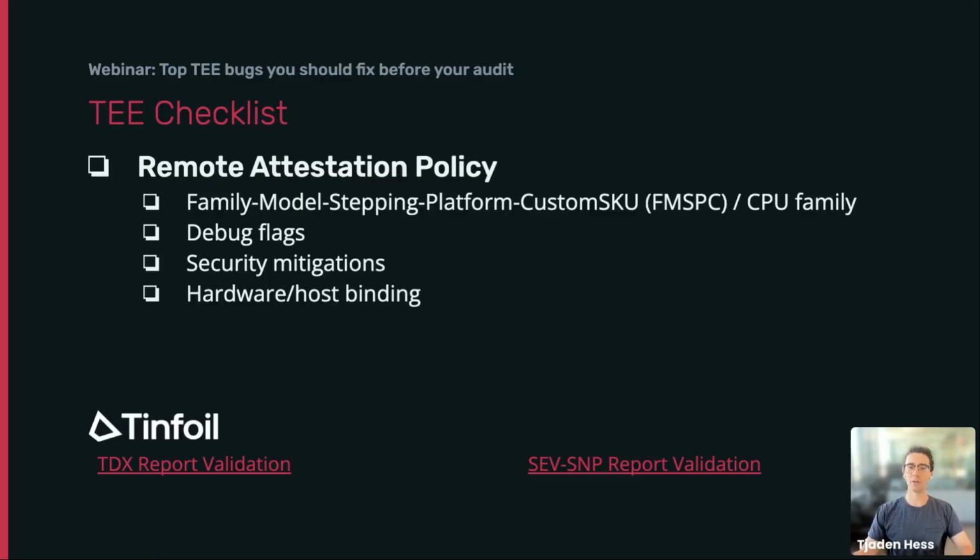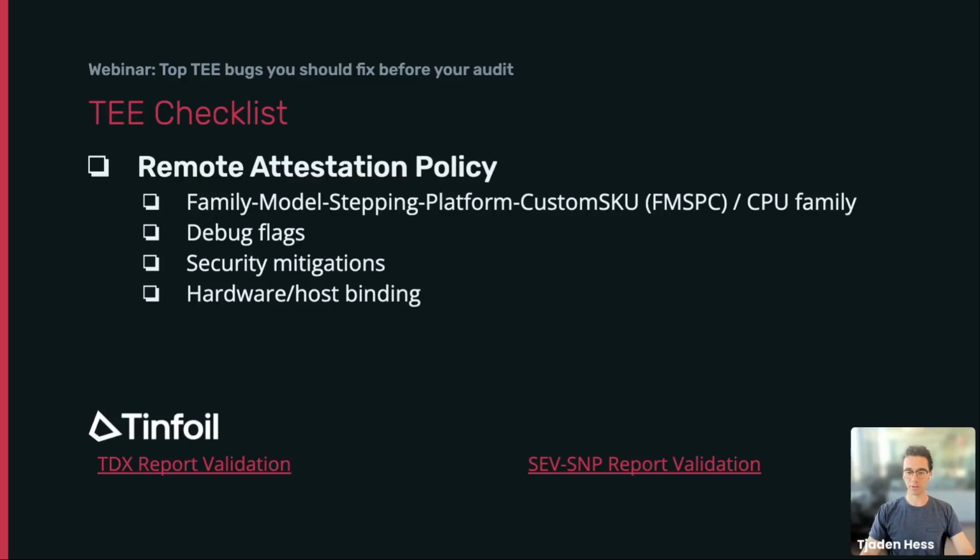So the goal is to affirmatively verify that the server you're talking to runs on genuine confidential computing hardware that protects the data being processed from snooping by adversaries who own the server. And there are a few knobs to twiddle in this.